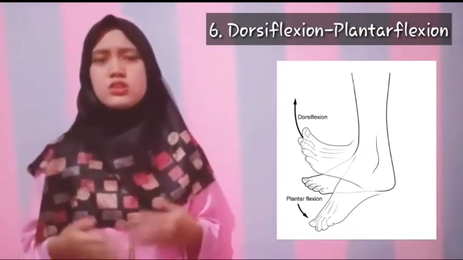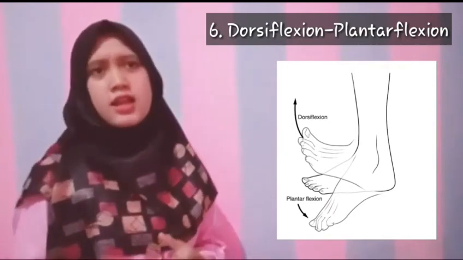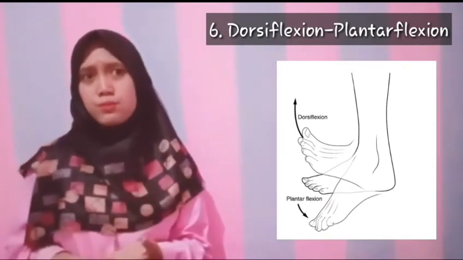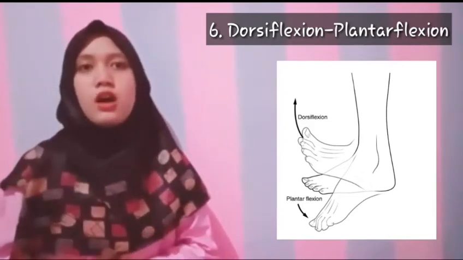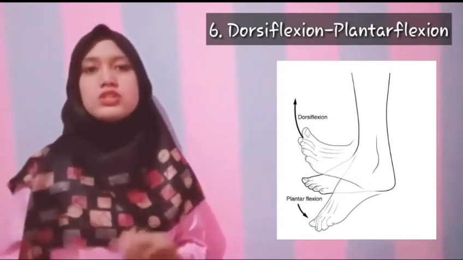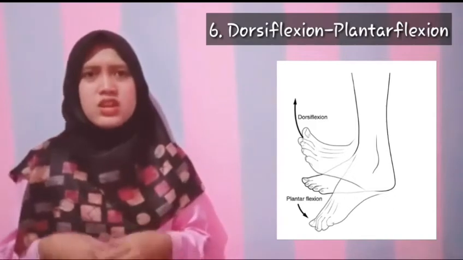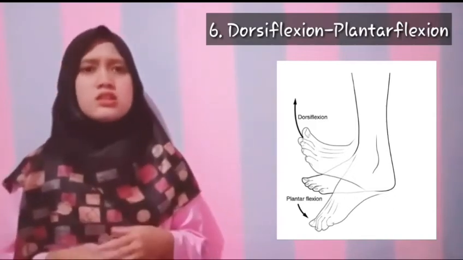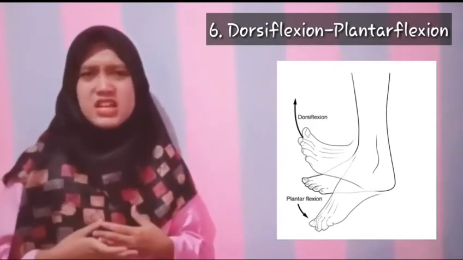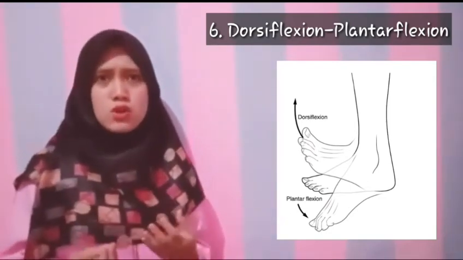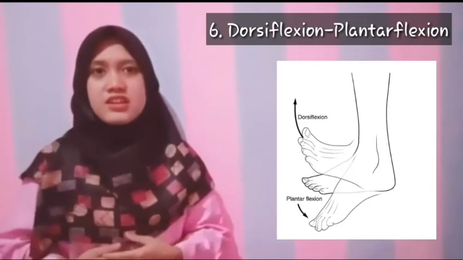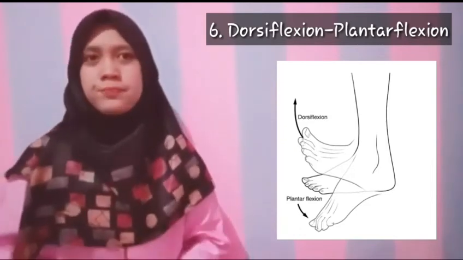Dorsiflexion refers to flexion at the ankle, so that the foot points more superiorly. Dorsiflexion of the hand is a confusing term, and so is rarely used. The dorsum of the hand is the posterior surface, and so movement in that direction is extension.